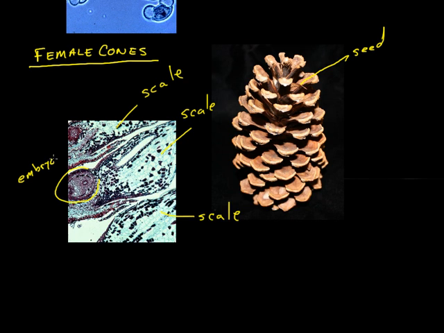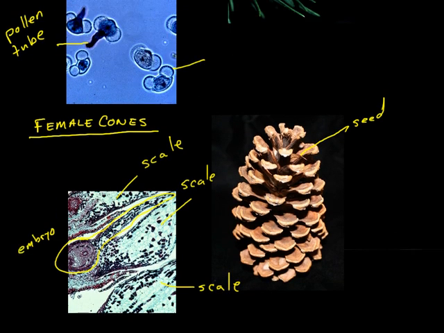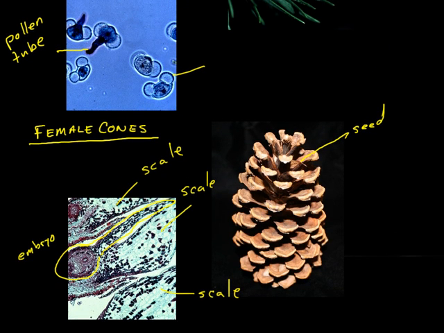This is an embryo, and it's developing a wing, as is common with pines, and that's what you see sticking out here. So these pollen grains land on a female cone, they germinate, they grow a pollen tube down into where the ovule is, and deposit sperm cells in this vicinity, one of which fertilizes the egg cell. Once it's fertilized, the egg cell becomes an embryo, which continues dividing and becomes this winged seed that you see in this cross section.